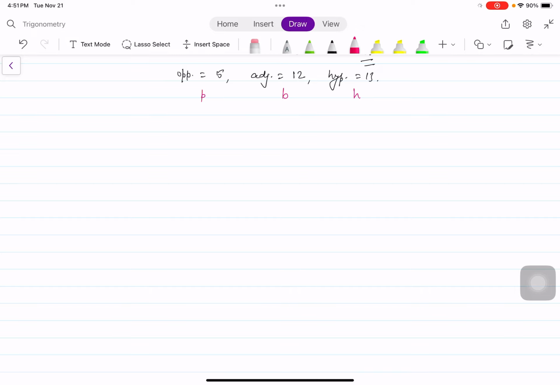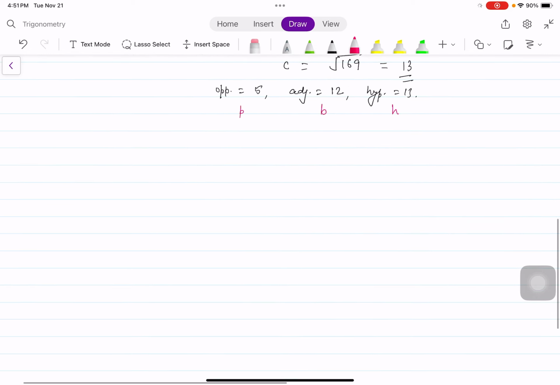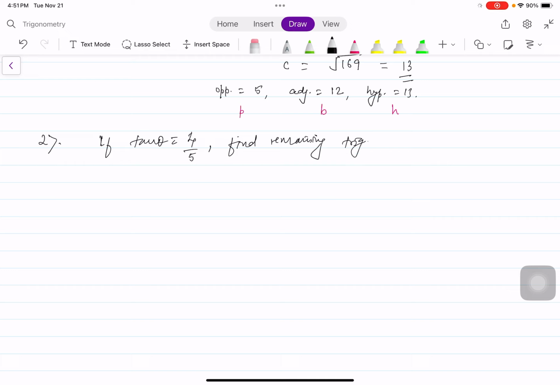Let's do another problem. Problem number 2. If tan theta equals 4/5, find the remaining trigonometric ratios.